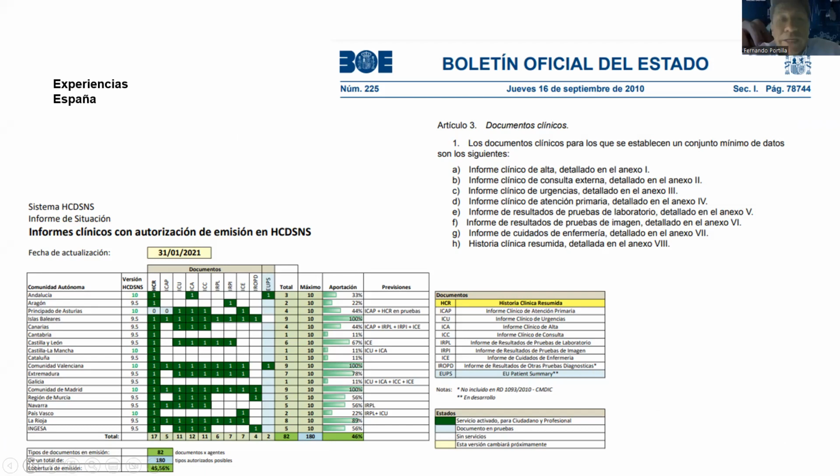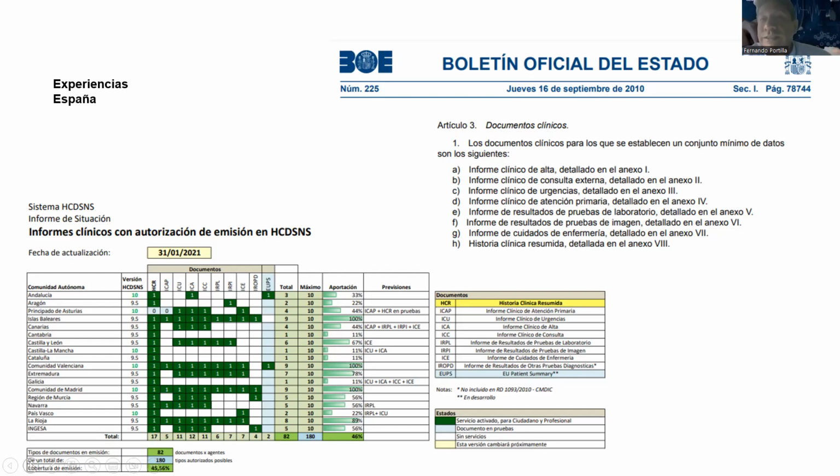And then, on the other hand, Spain took on this project in 2010. And these documents are published in the Spanish BOE, and it's the consensus of the minimum data set. And it mentions a summarized clinical record.